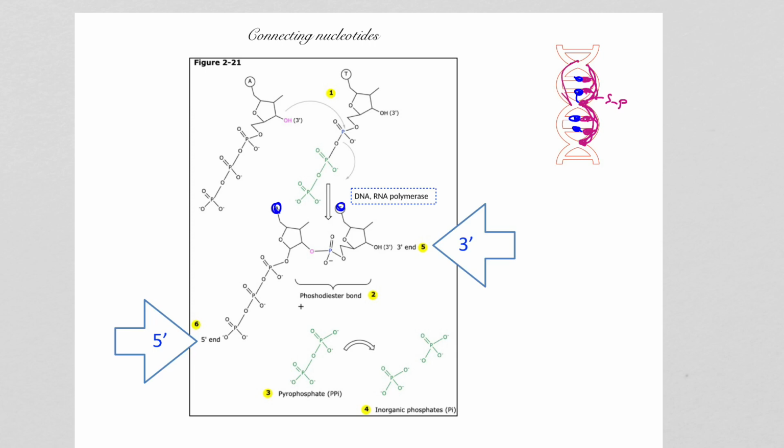So your sugar phosphate, here's the other strand of DNA, and the nucleobases are on the inside. Hopefully this will slowly help us understand the next video, which will be on nucleic acids.